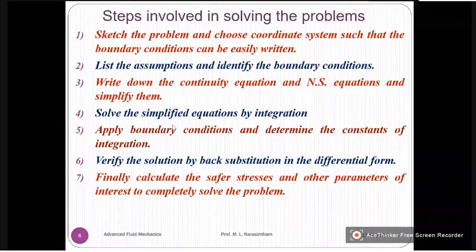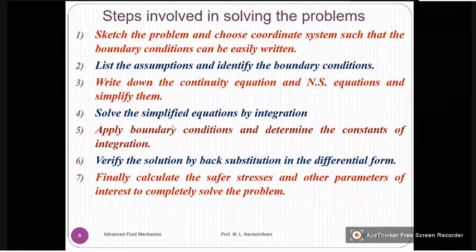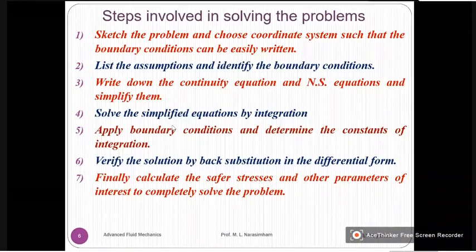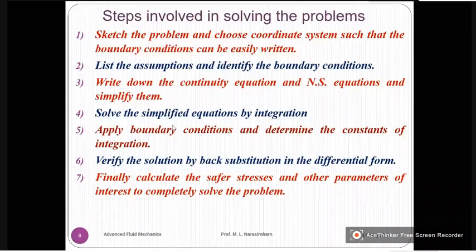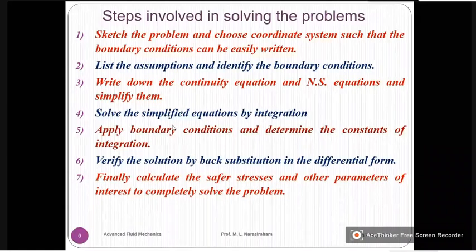Then from the physical situation of the problem, we have to list down the assumptions and identify the boundary conditions. Then the third step is to write down the continuity equation and Navier-Stokes equations and simplify them using the assumptions and boundary conditions.